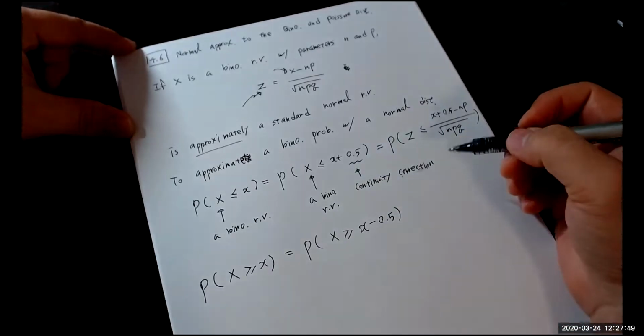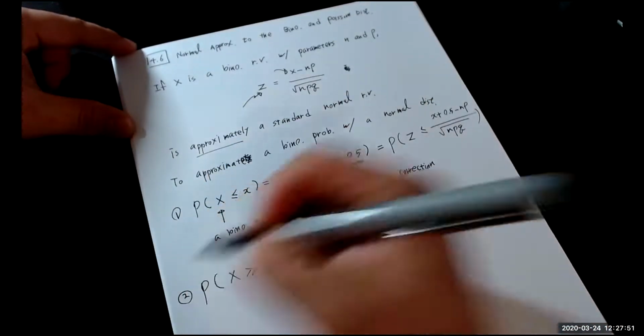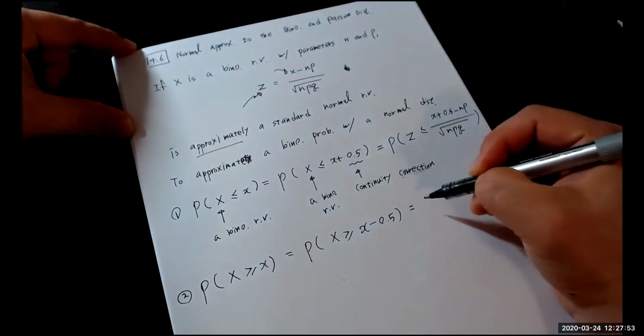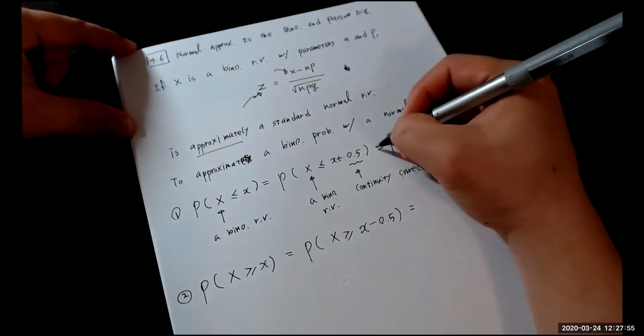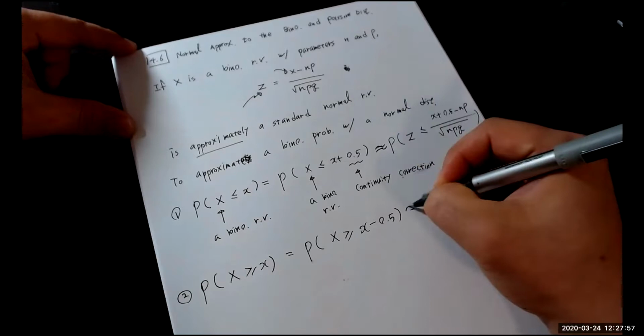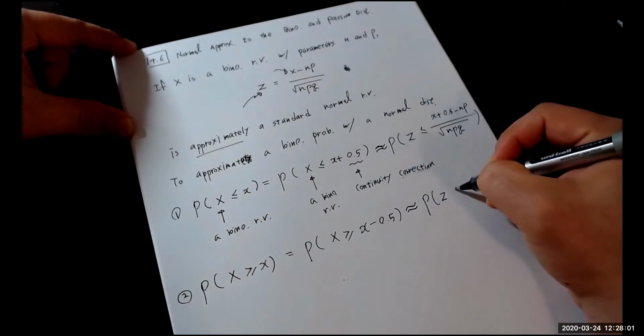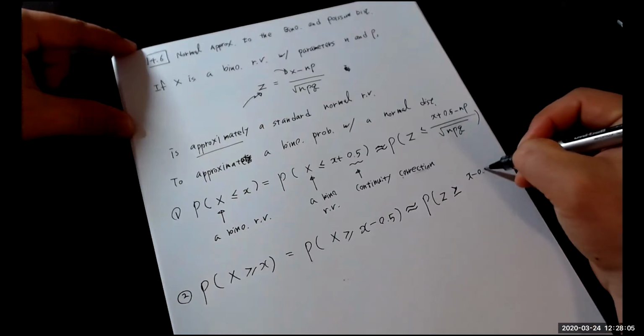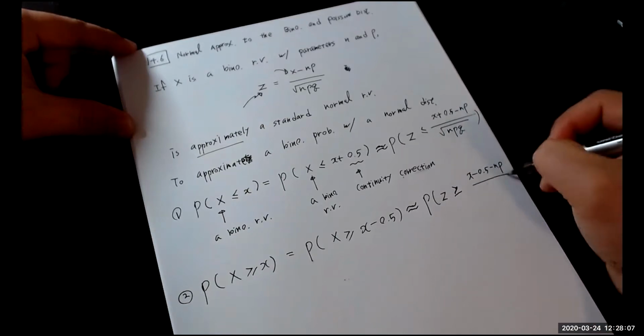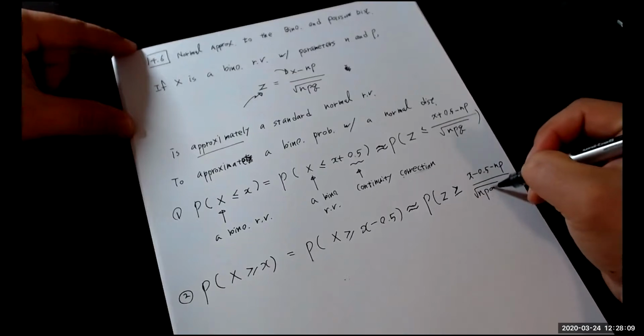This is the second case, and it's approximately equal to the probability that z is greater than or equal to x minus 0.5 minus np, over the square root of npq.